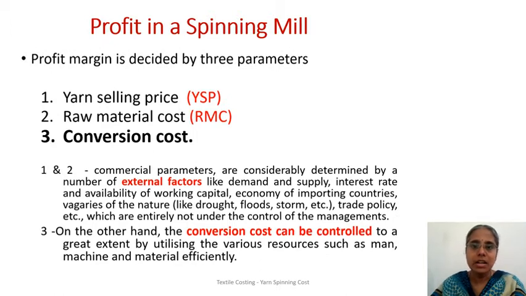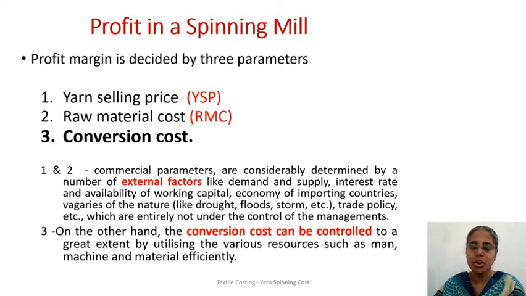This is a controllable factor for a spinning mill. The conversion cost is how well you utilize the various resources like men, machine, and the materials. So this decides your conversion cost. It is totally a controllable factor compared to your raw material cost and yarn selling price.